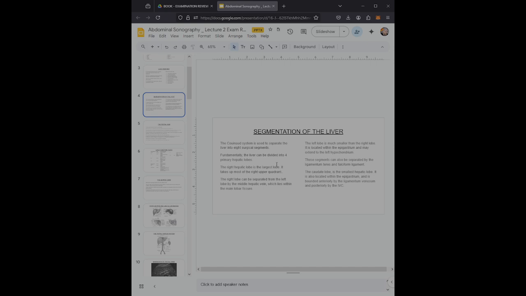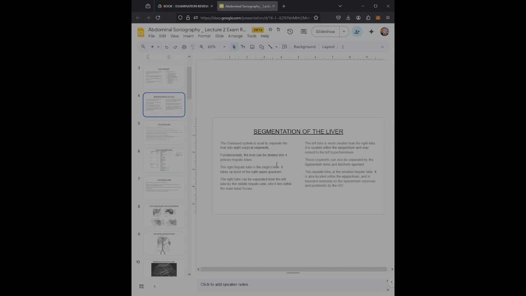which are the branches of the hepatic vein. We have the right, the middle, and the left. The middle hepatic vein runs through the main lobar fissure, and it primarily separates the right and left liver lobes.